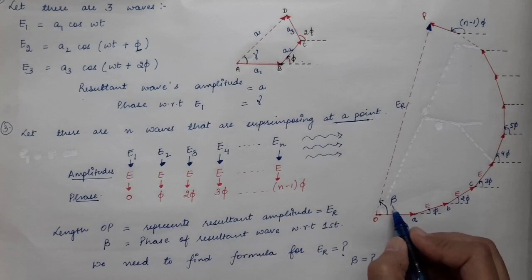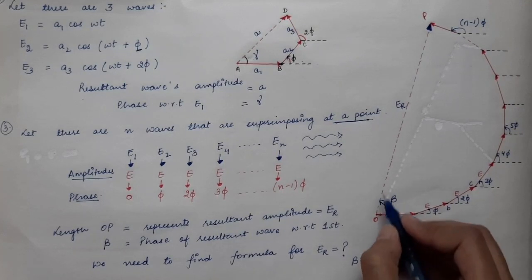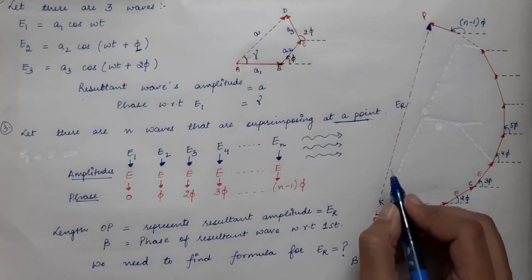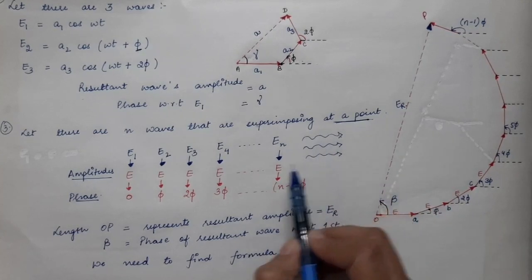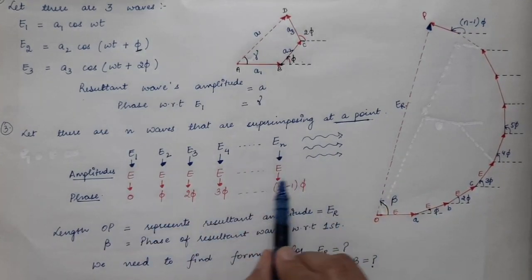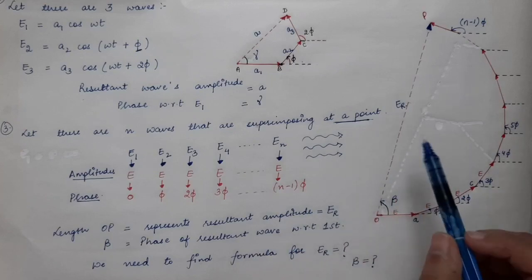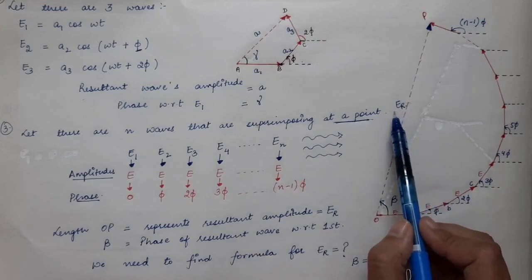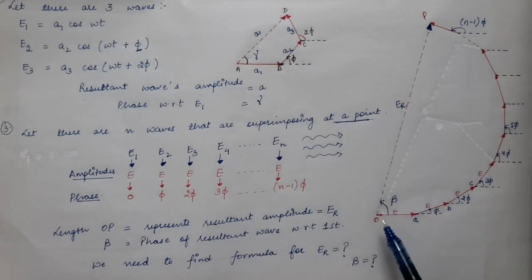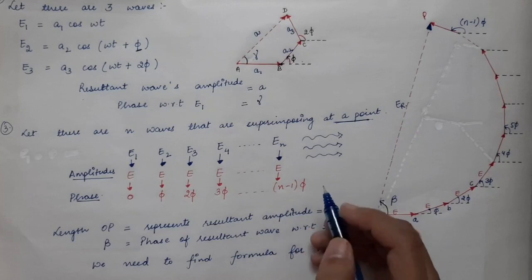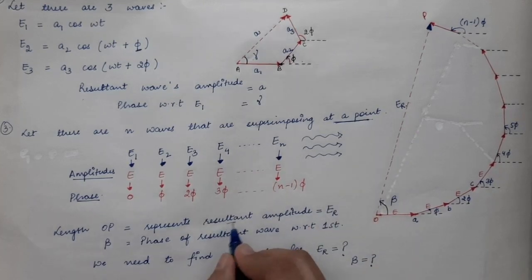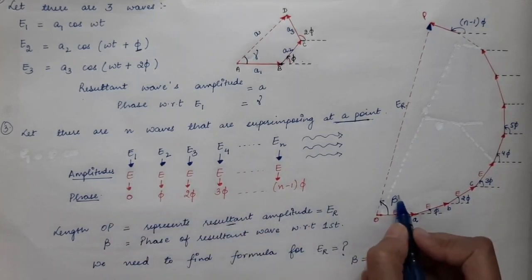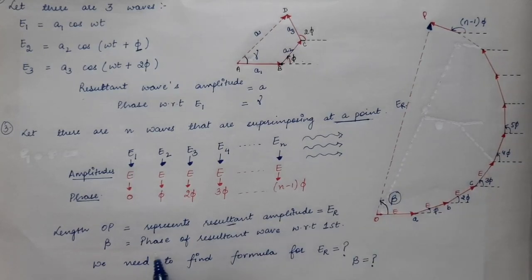This angle beta represents the phase of the resultant wave. So the resultant wave we get after the superimposition of all these waves will have an amplitude of ER, and its phase with respect to the first wave is given by beta.